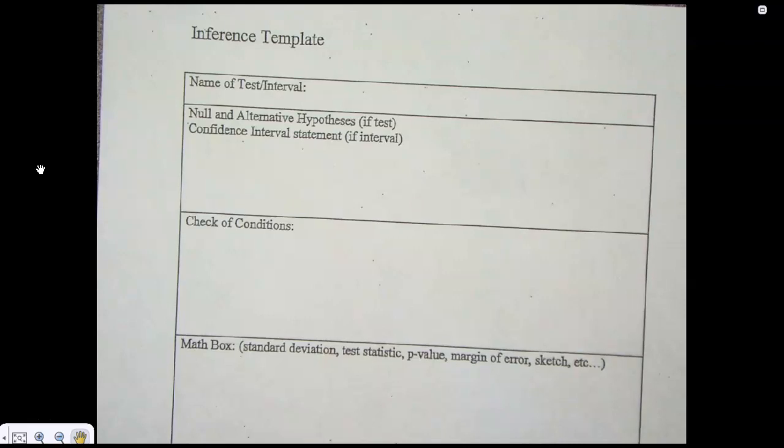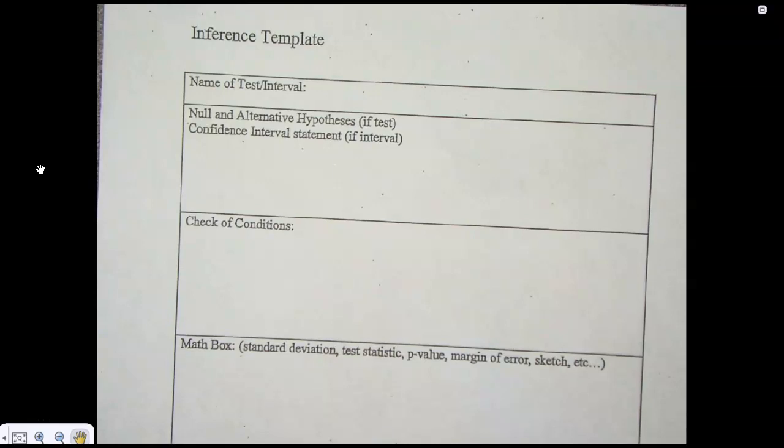Is it means or proportions? It's proportions, and that's all we've done so far, but that's percentages, so that's proportions. Do you have 1 set of data or 2? You have 2. And then the third question, which we haven't gotten quite into yet, is are you trying to answer a yes-no question, or are you trying to estimate something? And it says we're trying to estimate.